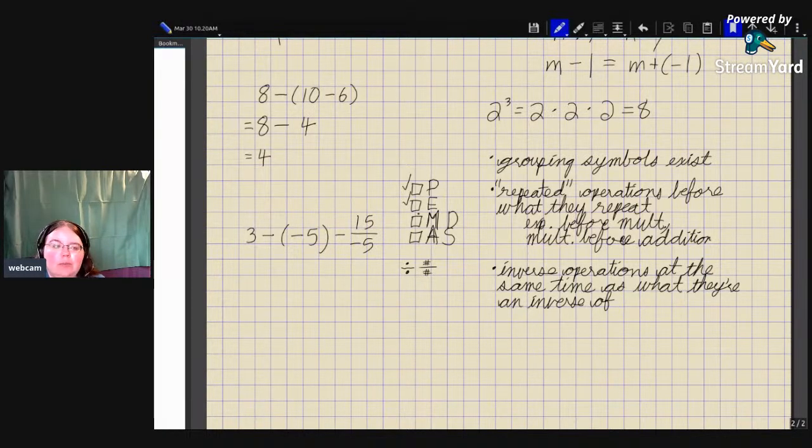Now, I don't know which way around that happened or if it's a coincidence because they both reminded someone of something else, but it's still a good mnemonic, a memory trick. So let's see, 15 divided by negative 5. I know from integer rules that would be negative 3. And then I'm going to copy in the rest of the problem around it.